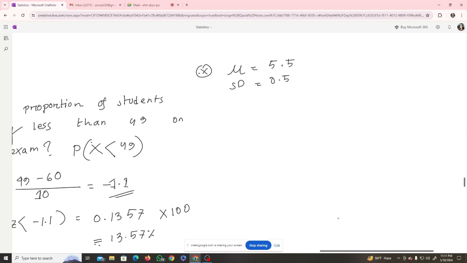So you may say most of the students in XYZ university have a height of around 5.5 feet. So what is your question?